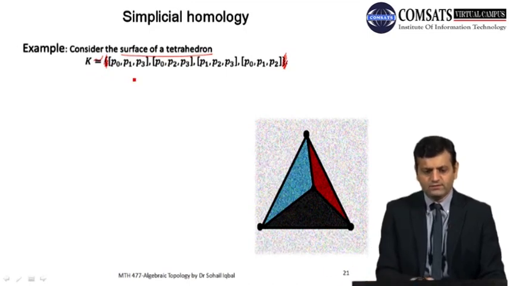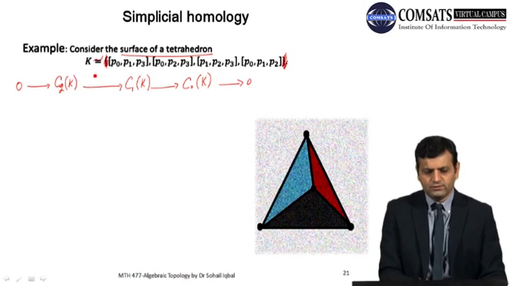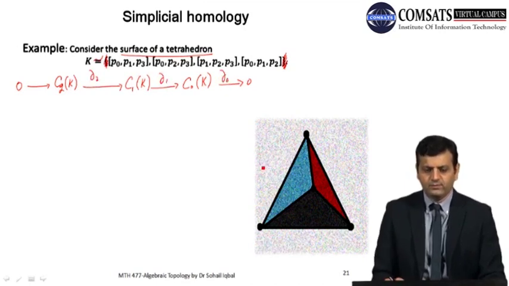Of course in this case we will be having C2 of k and C3 of k, and higher will be 0, and similarly we will have C1 of k and C naught of k, and this goes to 0. So this is the boundary map partial 2, boundary map partial 1, and the boundary map partial naught.